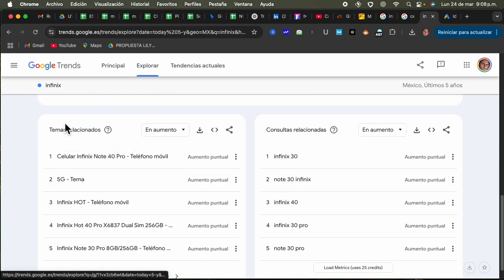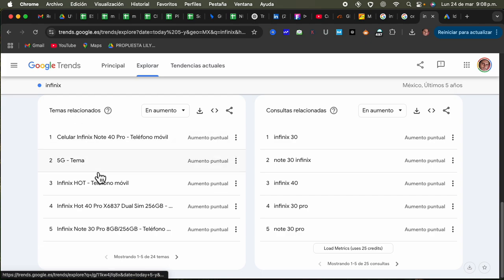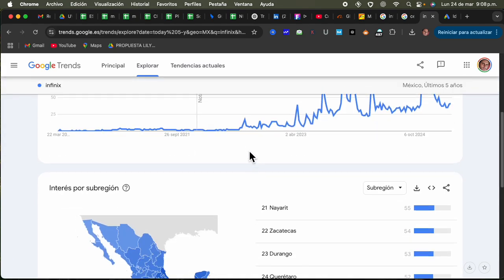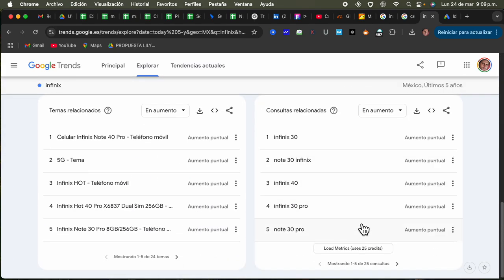And here you have related themes, or related searches with Infinix. So obviously this is a free platform. You can just go to Google Trends, search Infinix, and start analyzing the data that you have here.